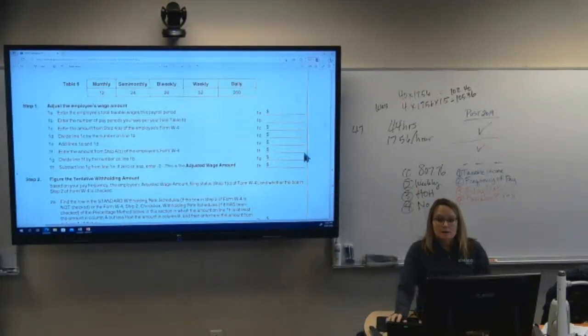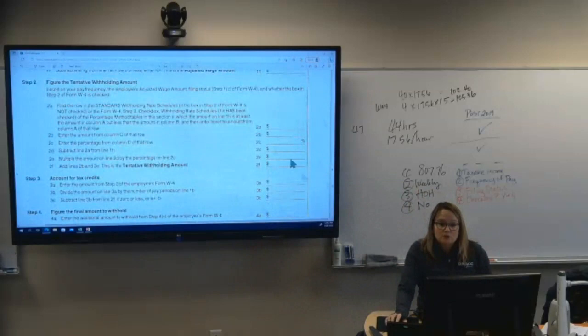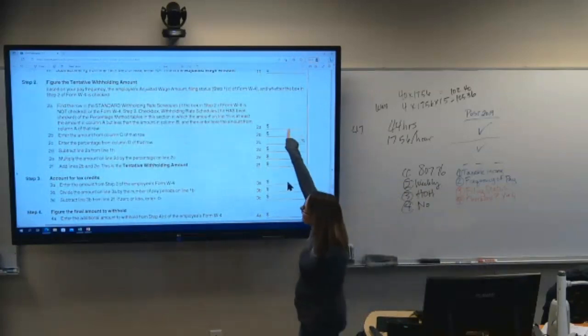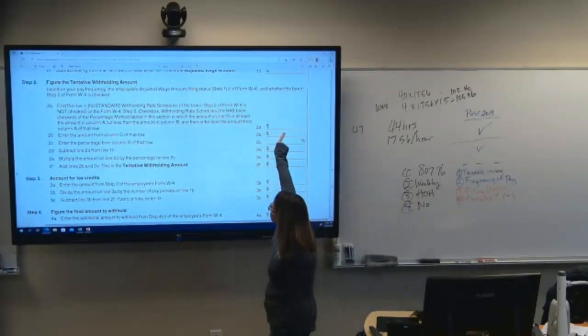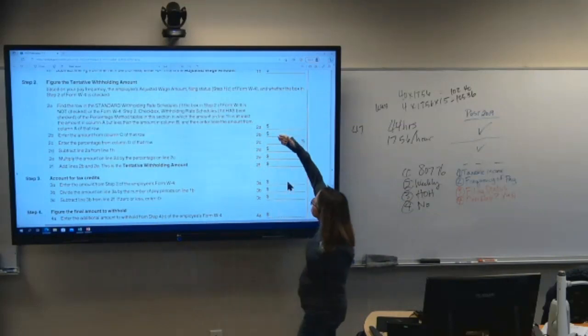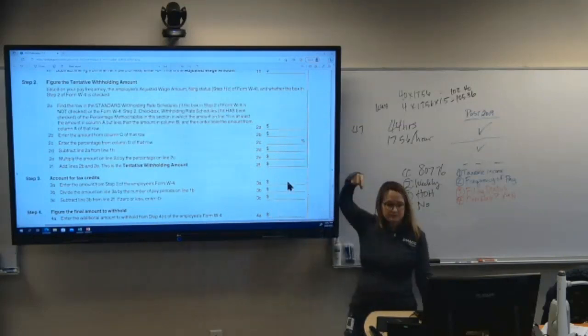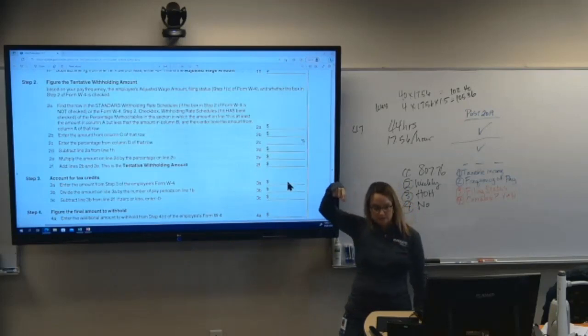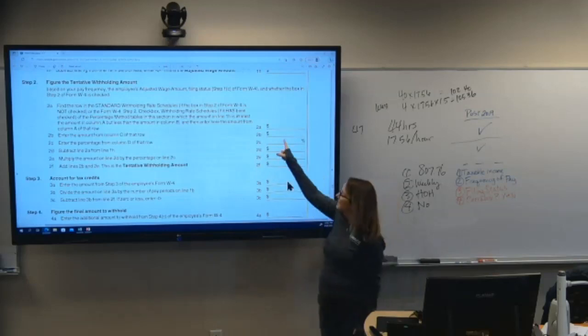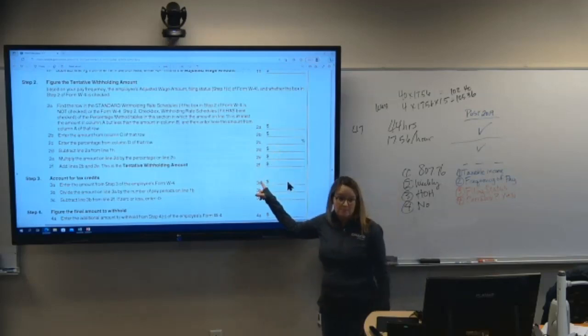All right. Let's see. So these are the steps. Once you have that tentative withholding amount, you can follow these steps if you forget what I'm going to tell you here. When I do this problem, I'm not going to use this, but these steps take you through the same calculation.